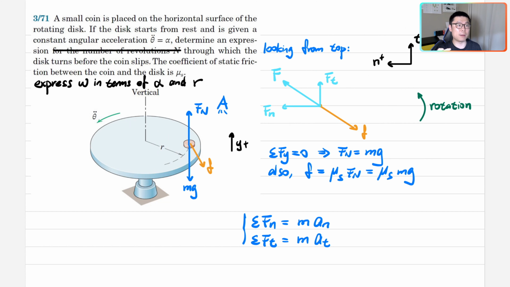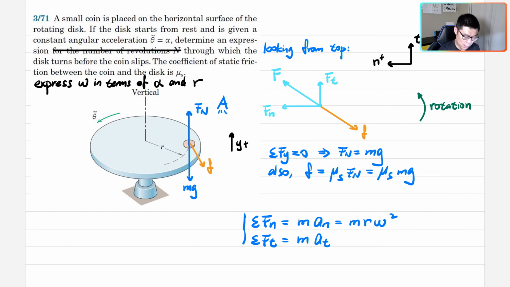Now recall from chapter 2, a_n is r omega squared. I'm not using the velocity because eventually I want to express omega in terms of the angular acceleration and r. So this is essentially also equal to m v squared over r, but velocity is not really useful in this case.